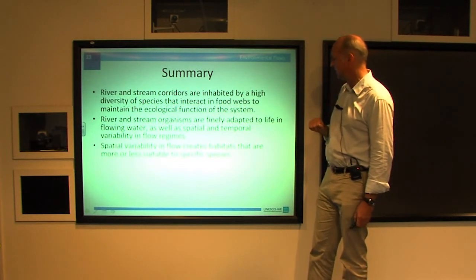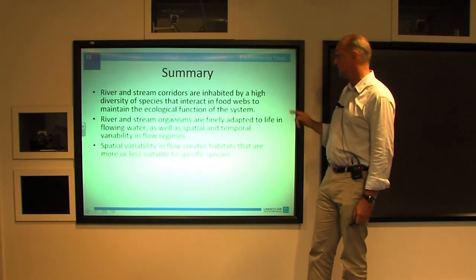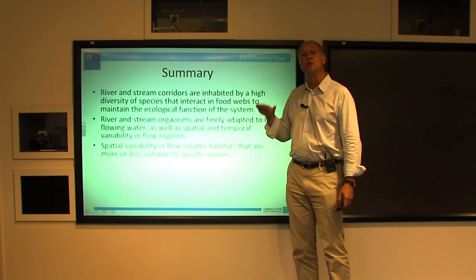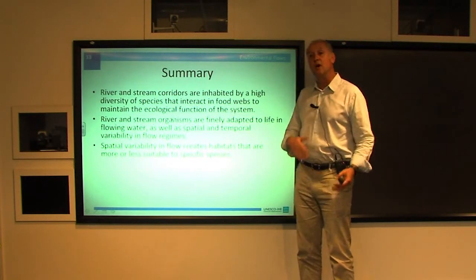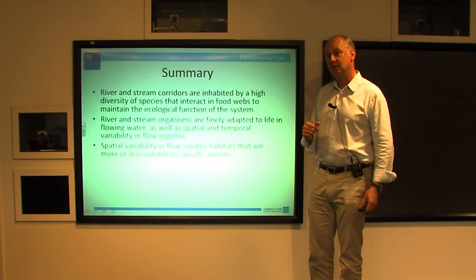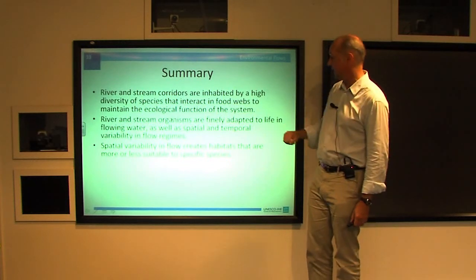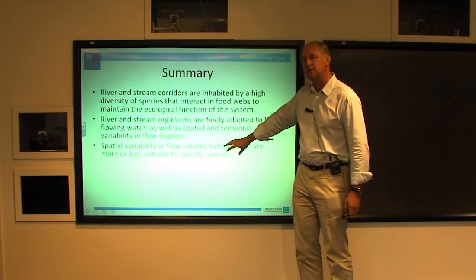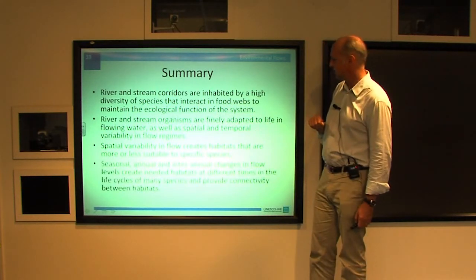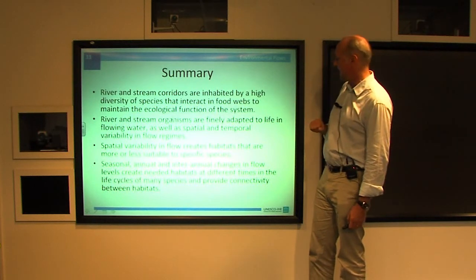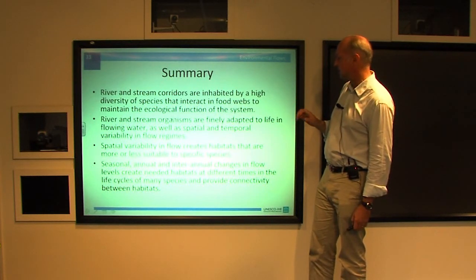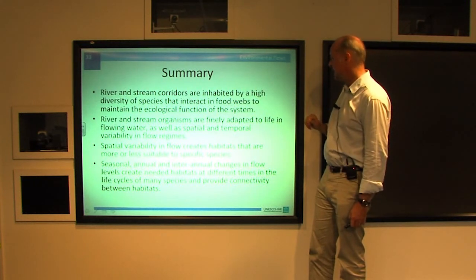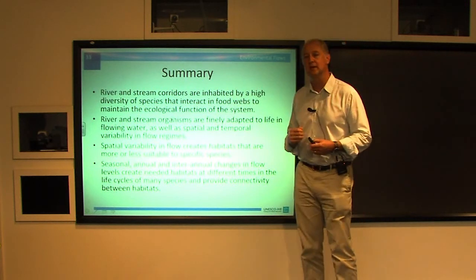Spatial variability in flow creates habitats that are more or less suitable for specific species, right? This is telling us that as the flow regime changes, it's going to alter the habitat suitability for particular species. We'll talk more about that in the section on software that is available that is trying to optimize the habitats that are present for organisms. And finally, seasonal, annual, interannual changes in flow levels create needed habitats at different times in the life cycles of many species and provide connectivity between habitats.